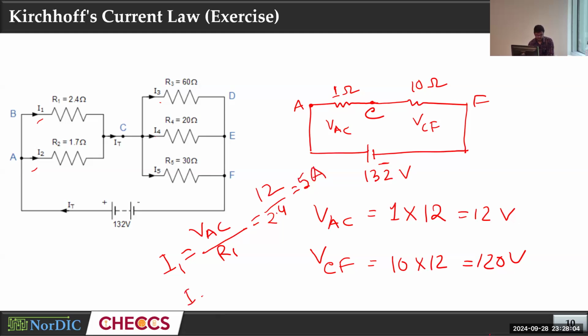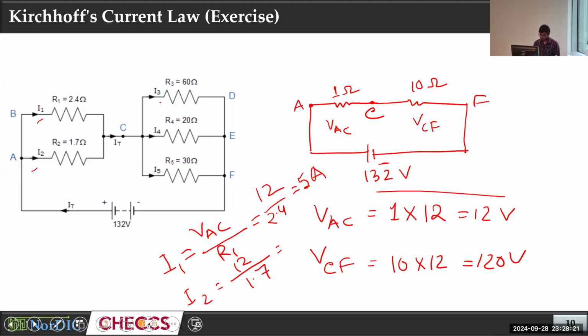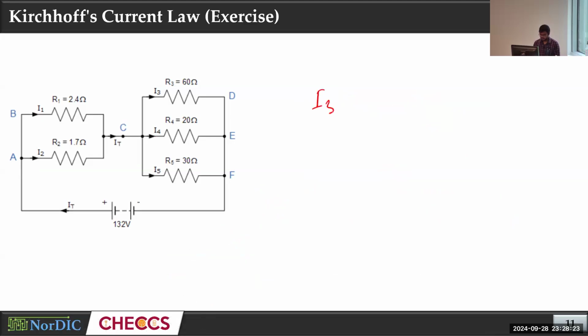And what should be the equation of I2? 12 by 1.7, because the voltage is the same. You can calculate that. And for the second network, CF, what should be the equation of I3, I4, and I5? For I3, which voltage should we use, VAC or VCF?